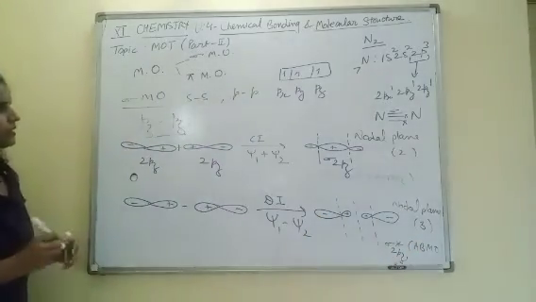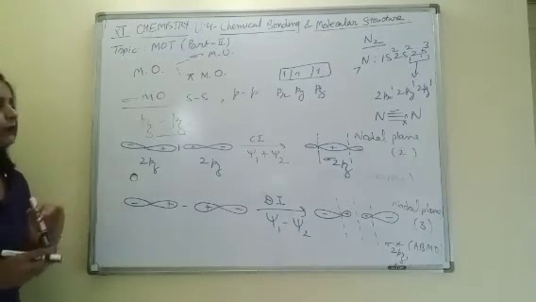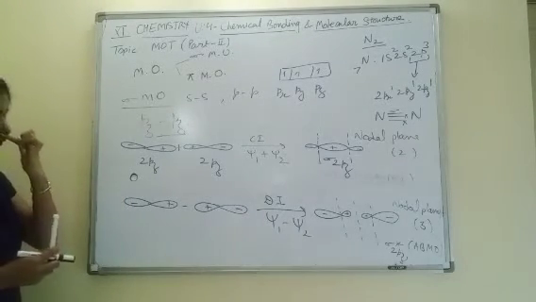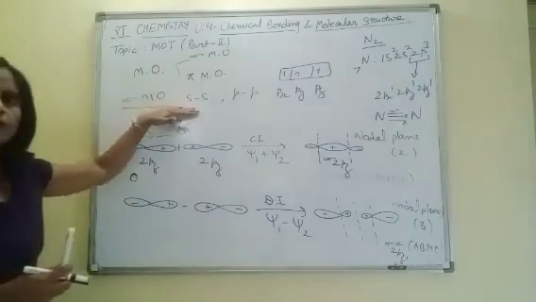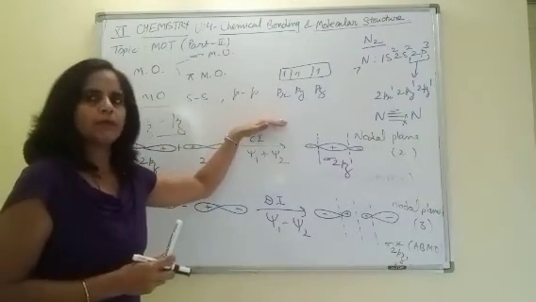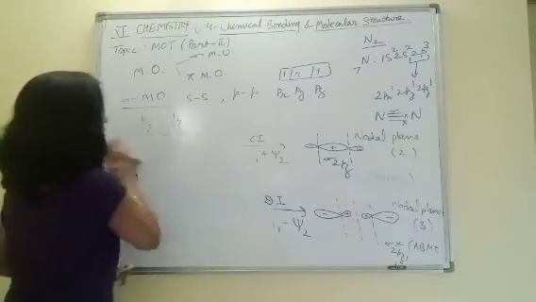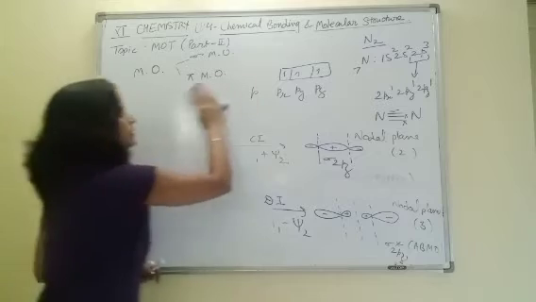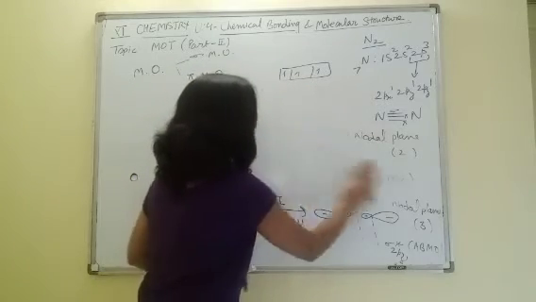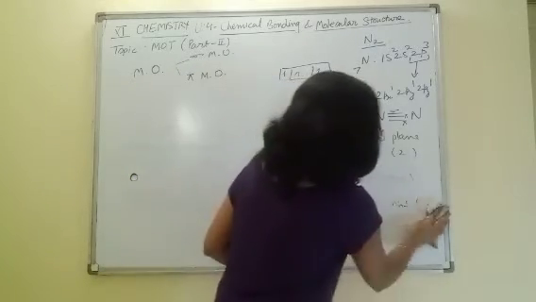So, children, here we discussed how sigma bonds are formed by SS overlapping and by PP overlapping. After the formation of the sigma bond, now we talk about the formation of the pi bond, that is, how pi molecular orbitals are formed.